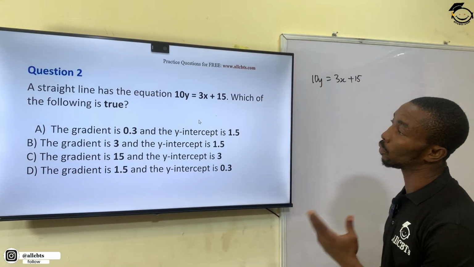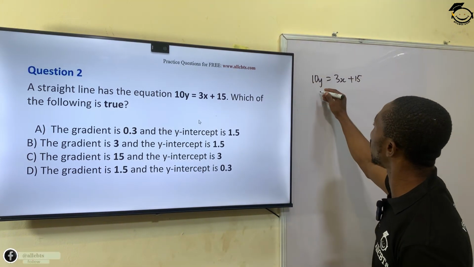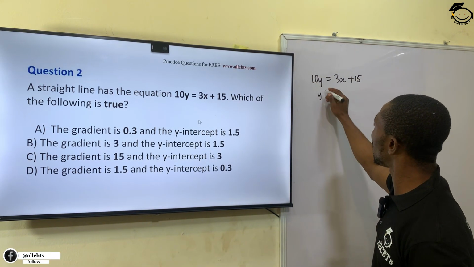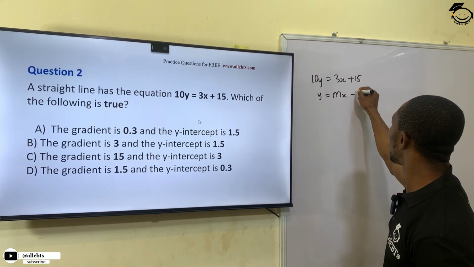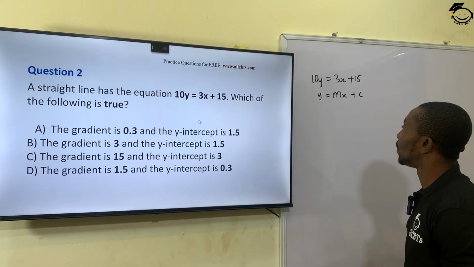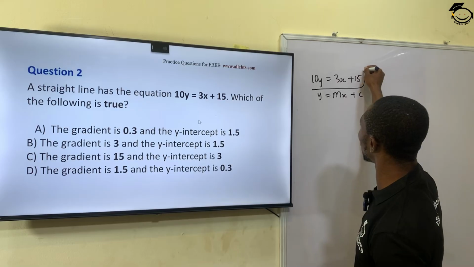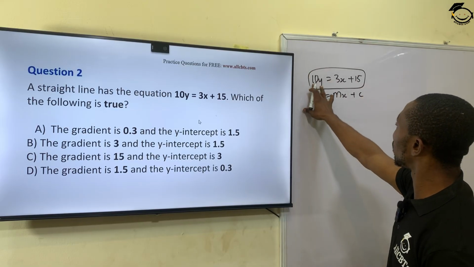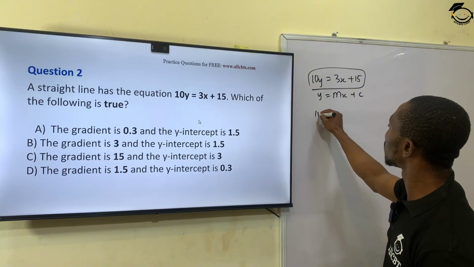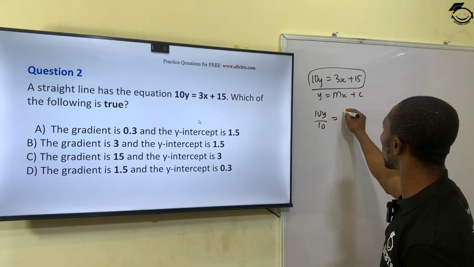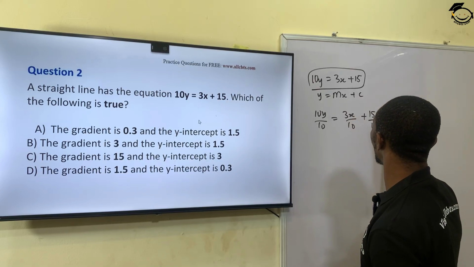Now, for us to find the gradient and the y-intercept from this equation, we'll first of all use the formula y equals mx plus c. Using this, we have to make y alone in this equation. So we divide both sides by 10. This becomes 10y over 10 equals 3x over 10 plus 15 over 10.